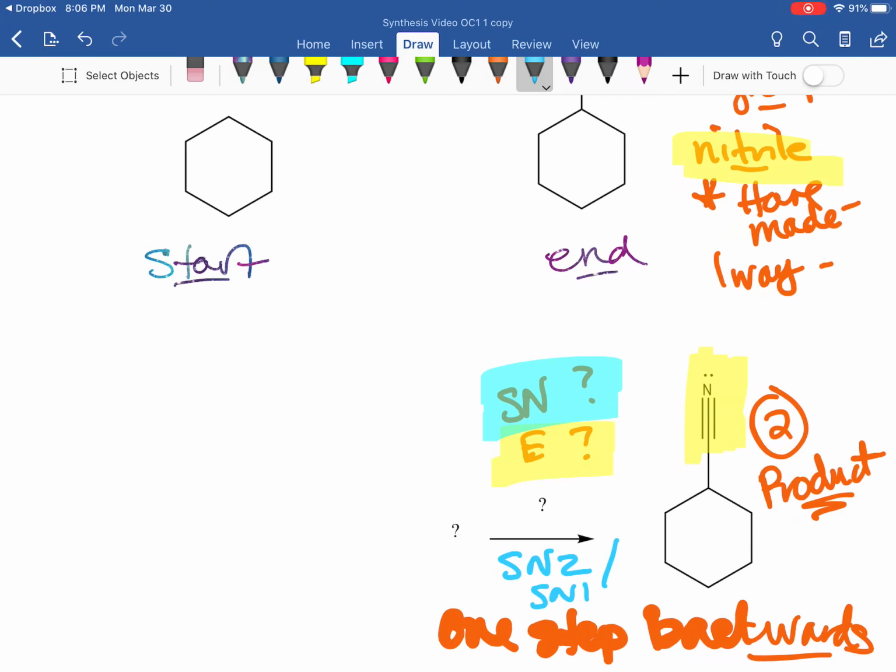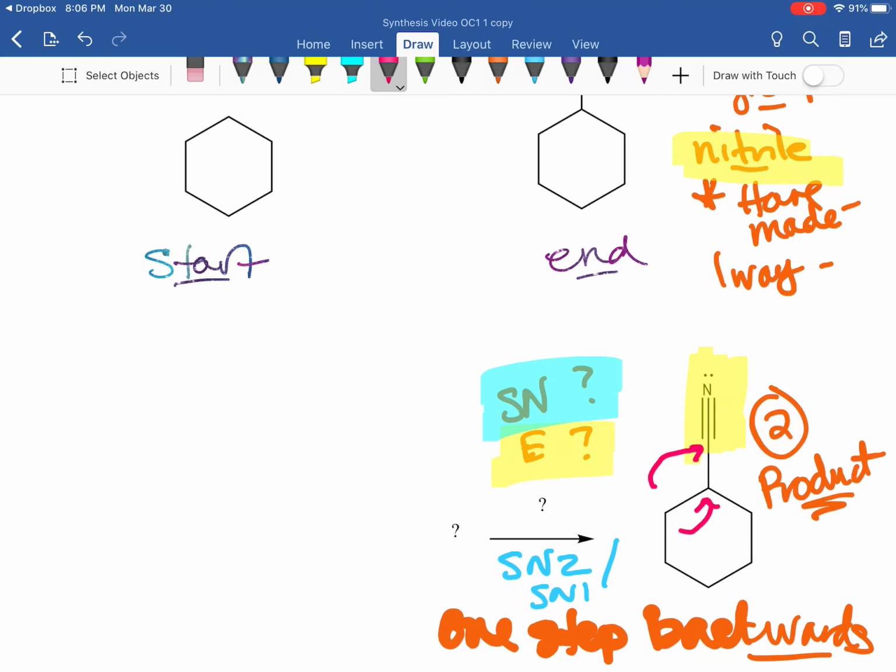Now your flowchart is helpful for this. How do we distinguish if we need an SN2 or an SN1? Well, we look at our electrophile. What kind is it? Is this primary, secondary, tertiary? Where are we adding what? Let's look. This is your nitrile.